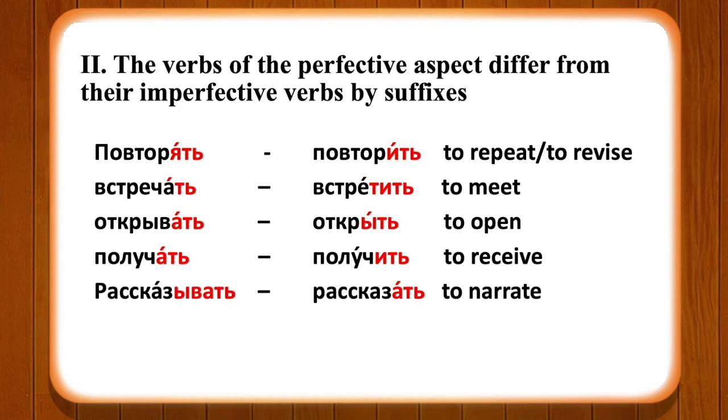The second way by which the verbs of the perfective aspect differ from the imperfective verbs is by suffixes. Повторять, повторить, встречать, встретить, открывать, открыть, получать, получить, рассказывать, рассказать.